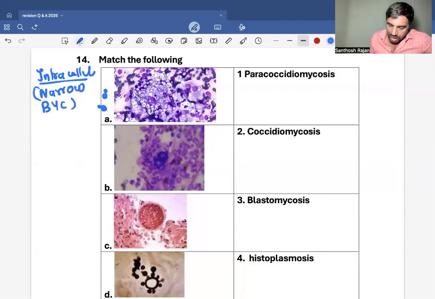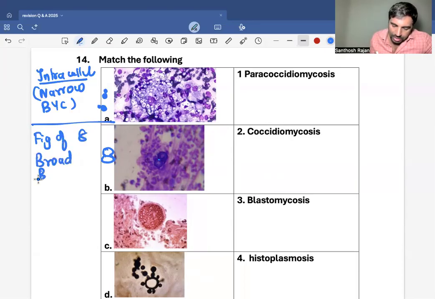Here I'm seeing a number 8, a figure of 8, or broad-based budding yeast cells. This one, I'm seeing spherules with spores inside.